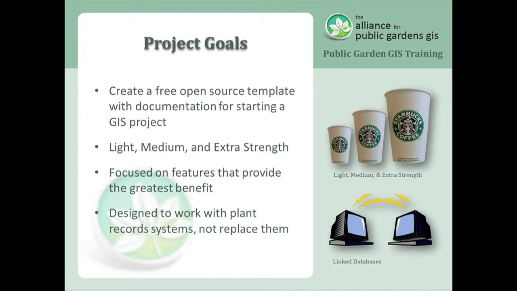So we worked with this idea of light, medium, and extra strength, so that if you just want to map your plants with it, fine, just use that piece of it. But if you want to map things like people movers and different stops along tours, all sorts of different things, we have the capacity to do that within the data model.